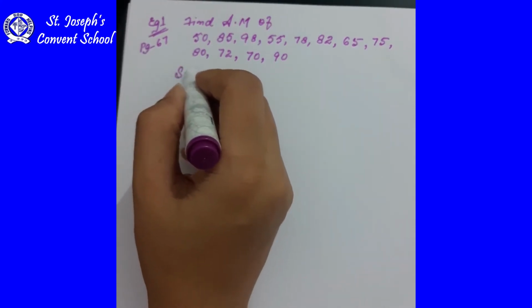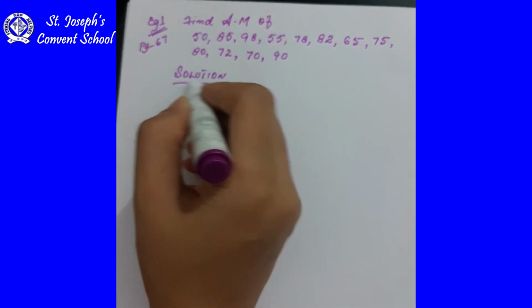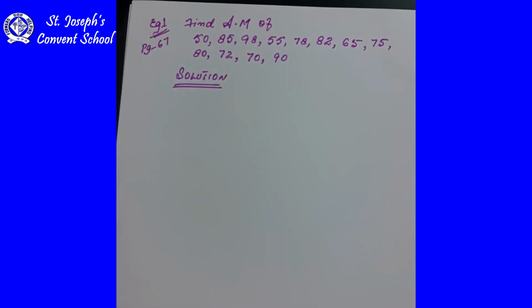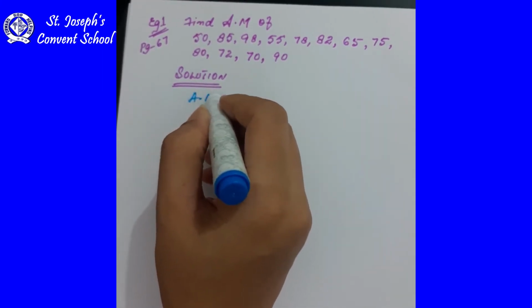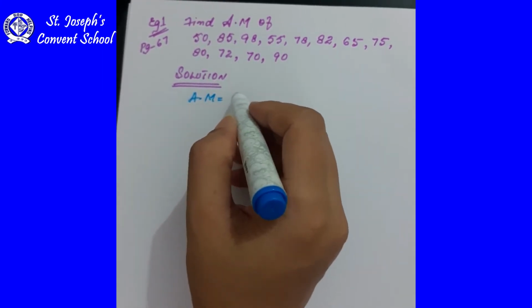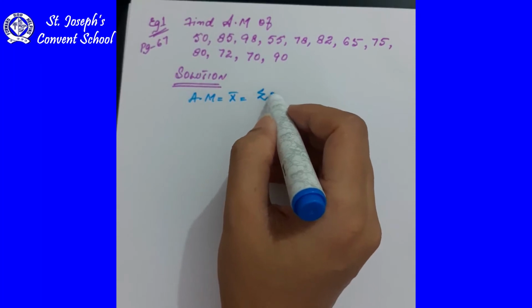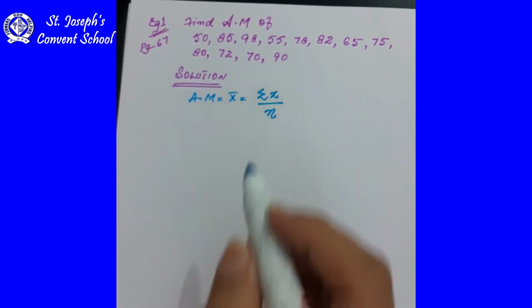Okay, let's solve it. Now how to find the arithmetic mean? For the arithmetic mean, you have to write the formula first. The formula of arithmetic mean is x bar equals sigma x upon n.